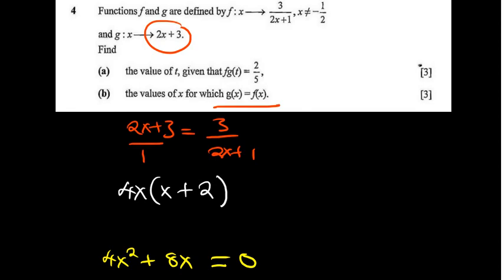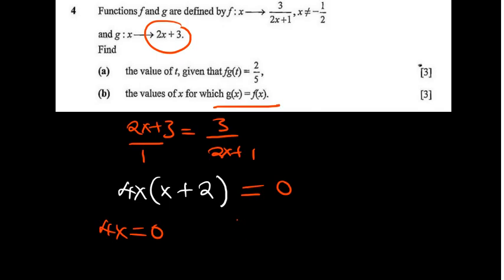When you factorize, if you multiply whatever is outside with what is inside, you're supposed to get what you had before. So let's see if this is true. So you have two equations, 4x equal to 0 and x plus 2 is equal to 0. So the two answers are either x is equal to 0 or x is equal to -2.